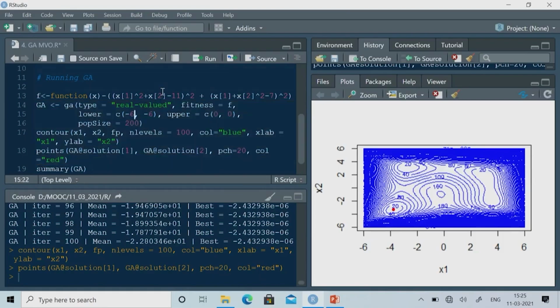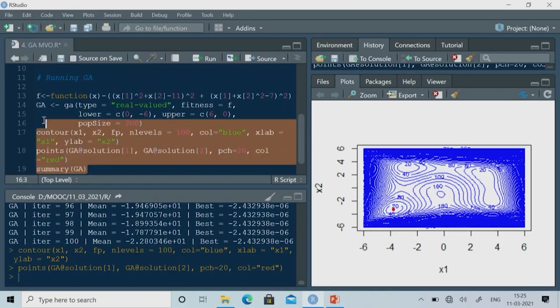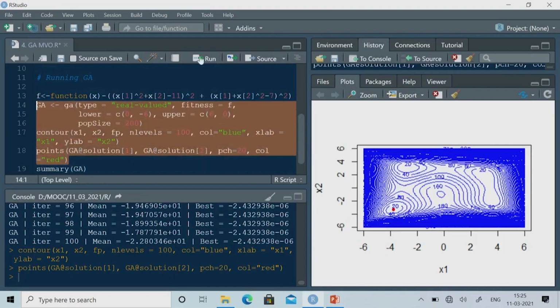So, for the fourth quadrant, x1 is between 0 and 6 and x2 is between minus 6 and 0. So, let us execute these particular lines. So, I am getting the solution in the fourth quadrant. Therefore, by changing the upper bound and lower bound, I can actually get the solution in different quadrants, but if you give the range between minus 6 and plus 6, you will get one of the solutions.